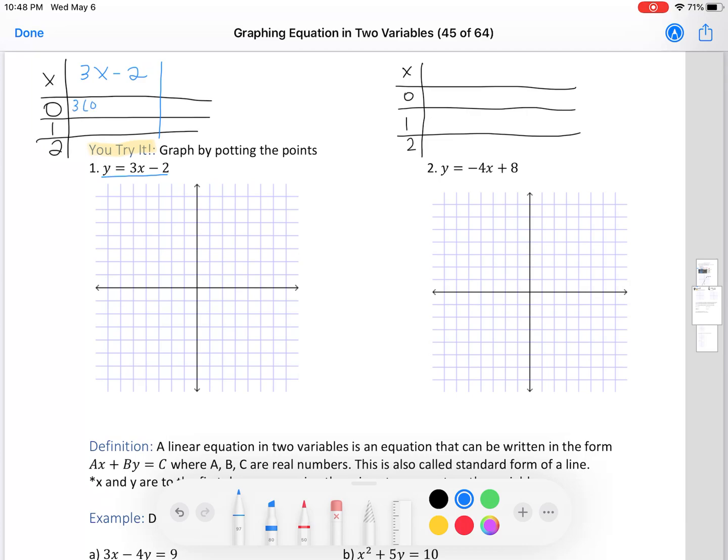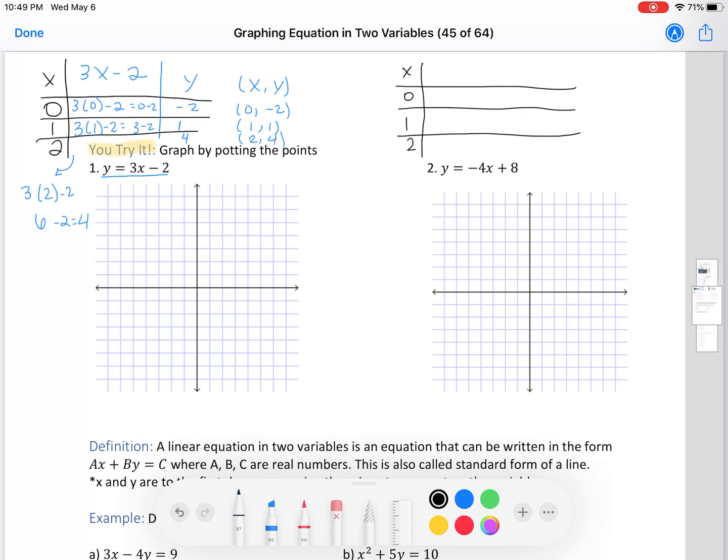If we let x be 0, 3 times 0 is 0, 0 minus 2, you get negative 2 for y. 3 times 1 minus 2, well, 3 times 1 is 3, minus 2, we get 1. 3 times 2 minus 2, 3 times 2 is 6, minus 2, we get 4. So our coordinate points, x comma y, are 0, negative 2, 1, 1, and 2, 4.